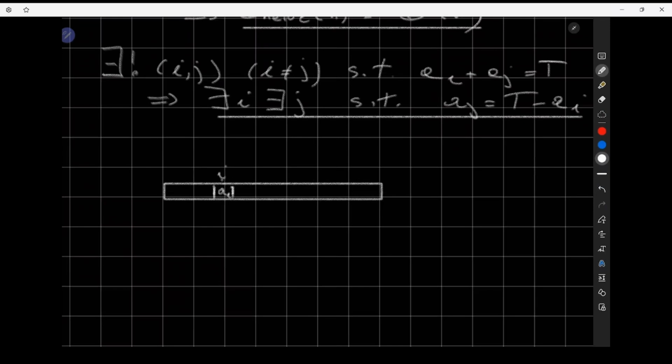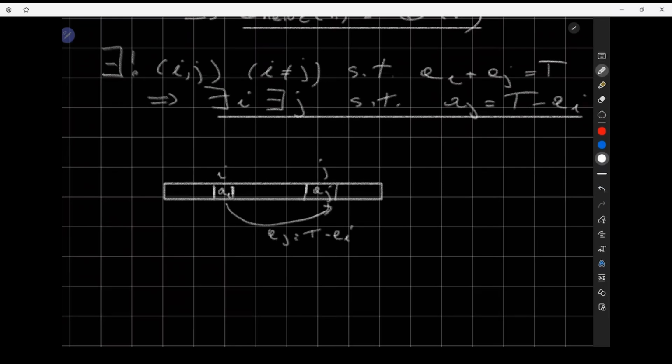Now, if this i is the left index of the solution, then by this consequence we must have an index j, the right index of the solution, whose value aj can be easily inferred simply by subtracting ai from the target value. So say aj is going to be here, at index j. So we know that aj must be equal to t minus ai.